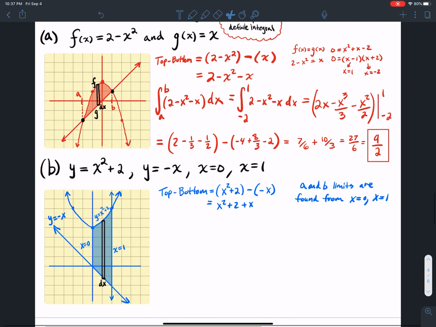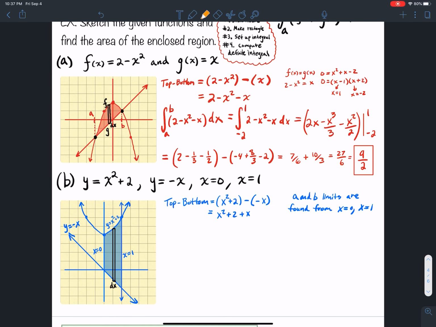So the difference between the first problem A and the second problem B is that the limits of integration were basically given to us in this one. To find the limits of integration of the first one, I had to figure out where the intersection was. Where the shaded region started and stopped was defined by where the f and g crossed each other.